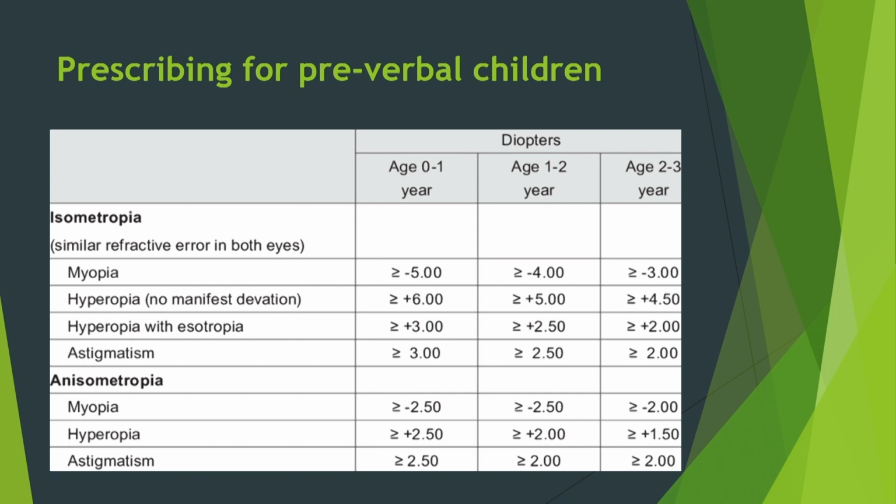But if you have a convergence squint, even a smaller plus correction you might give, because that will help reduce the esotropia, right? And for 1 to 2 years, up to +5 we don't correct, right? And at 2 to 3 years of age, if it is more than 4.5 diopters we correct, right?